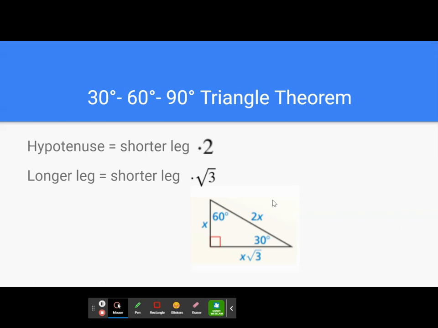So if you know the shorter leg, you just multiply it by 2 to get the hypotenuse. And the longer leg, you take the shorter leg and multiply it by the square root of 3. So it's not the exact same formula, but x times the square root of 3.